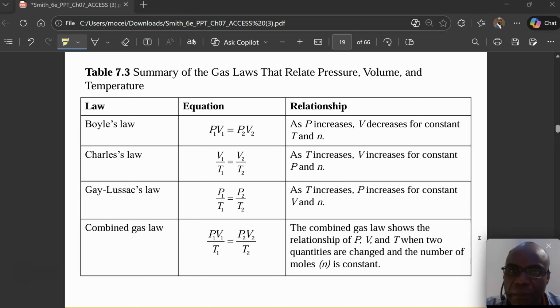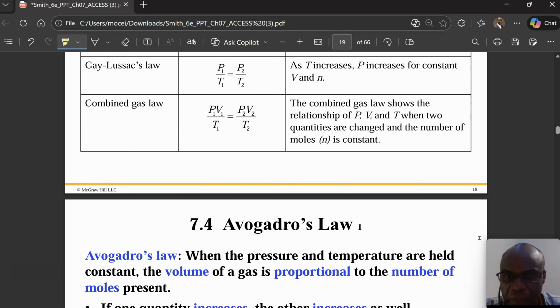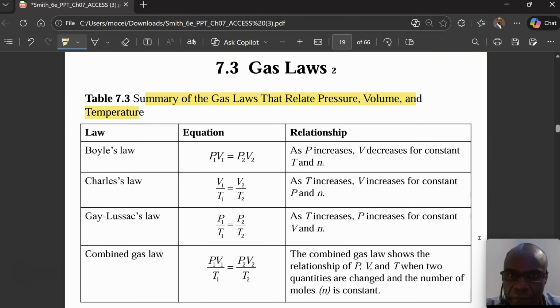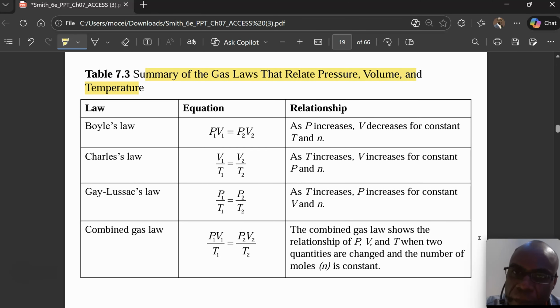So now here is a summary of the gas laws that relate to pressure, volume, and temperature. Number of moles is not included here. We'll talk about the relationship to number of moles in Avogadro's law relating to volume. So Boyle's law related P and V. As P increases, V will increase.